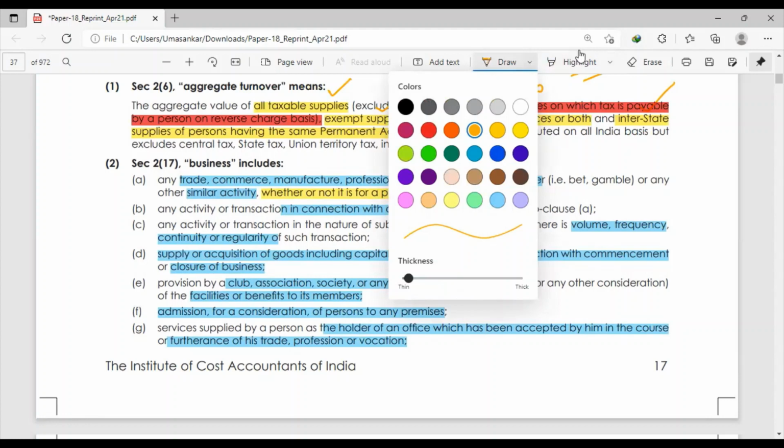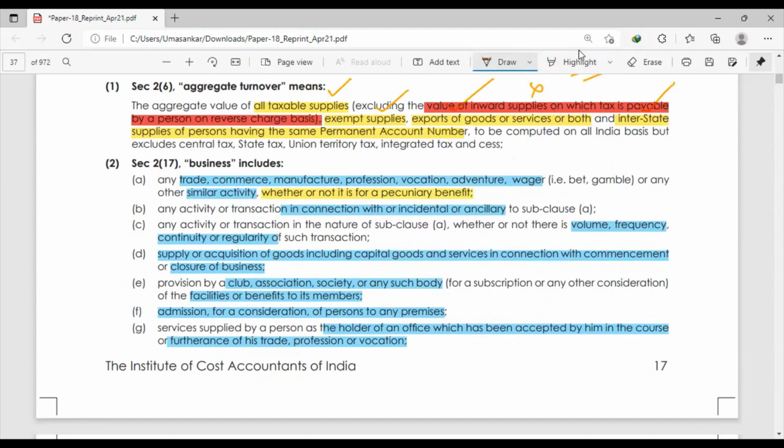What do you mean by pecuniary benefit? Pecuniary benefit means profit motive. So if you do any trade or commerce, manufacture, profession, vocation, adventure, wager, or any similar activity, whether or not it is for any profit motive, that does not matter, it will be added.